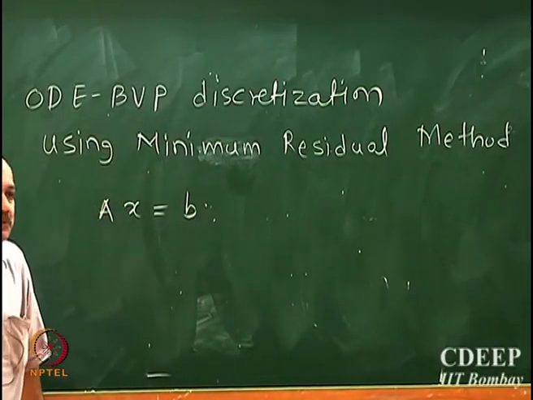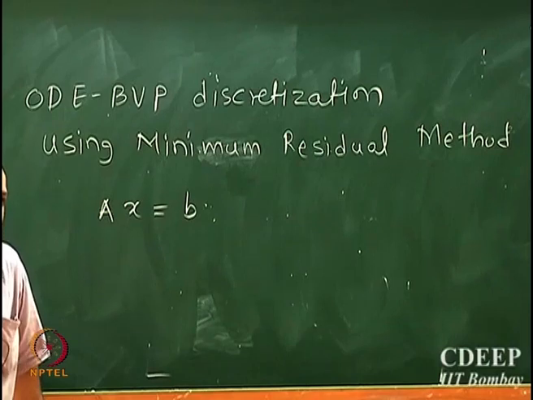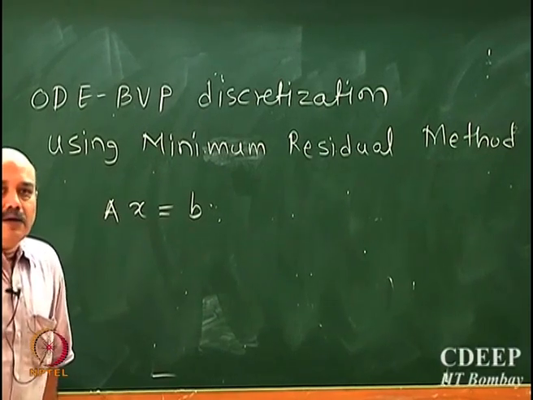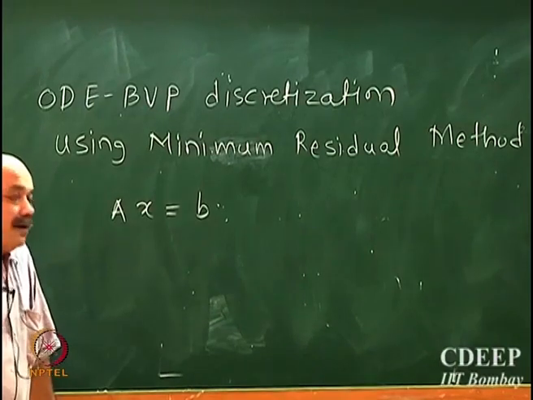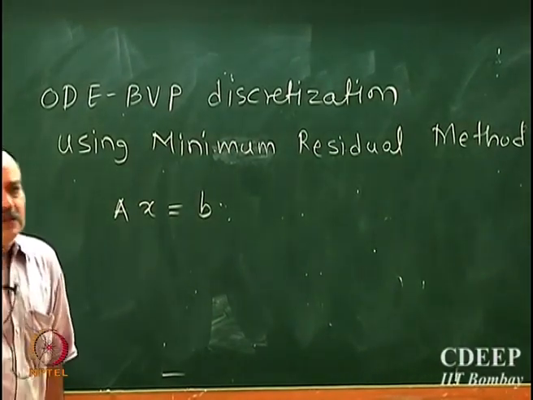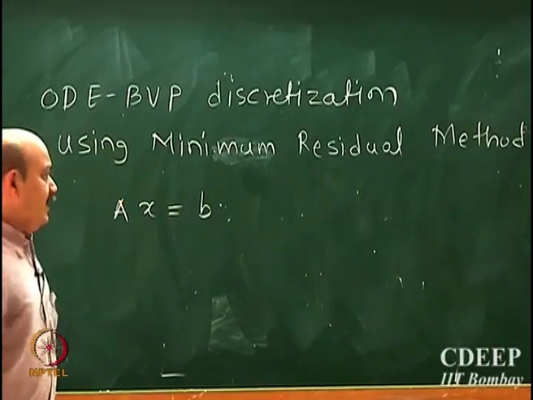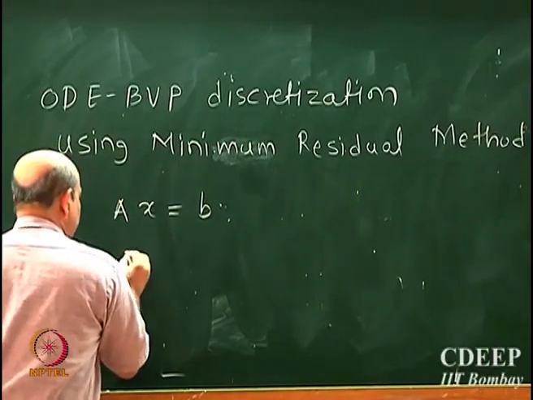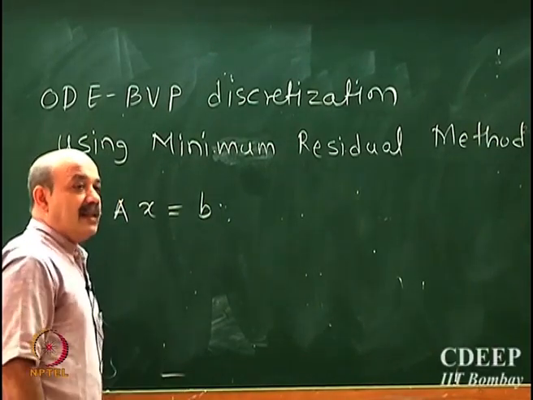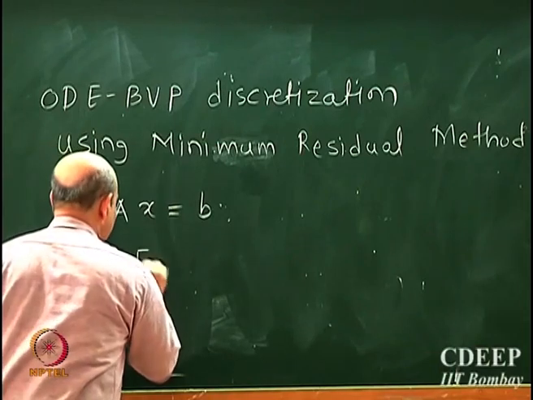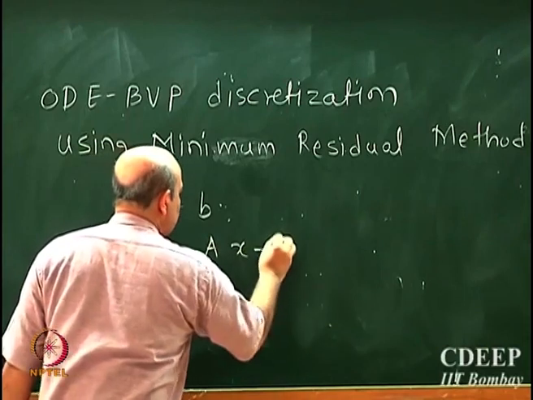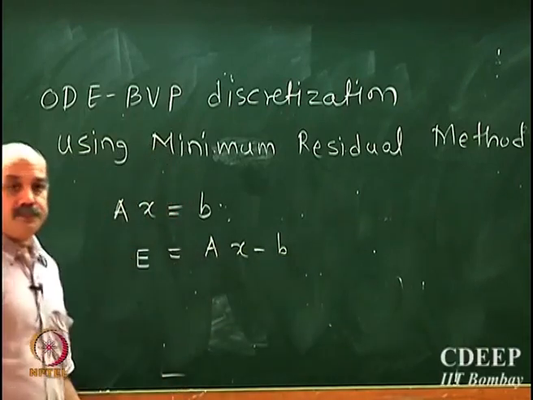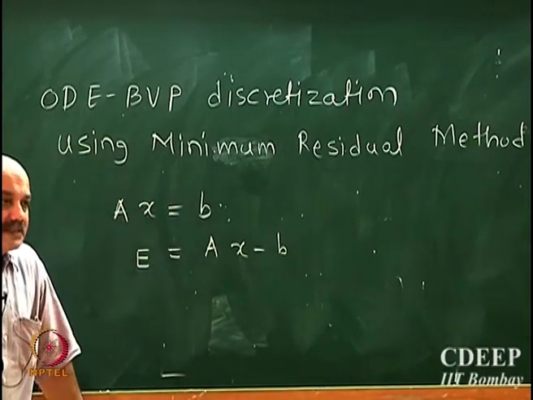I want to solve this exactly. I could say that, well, let me define an error vector, which is Ax minus b.